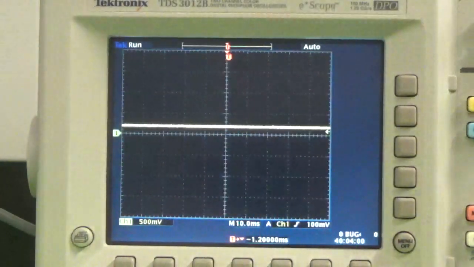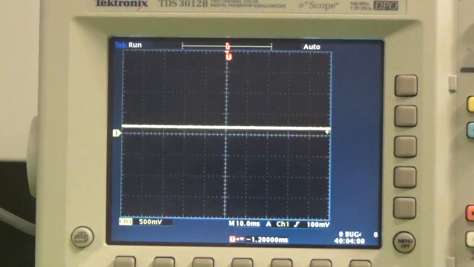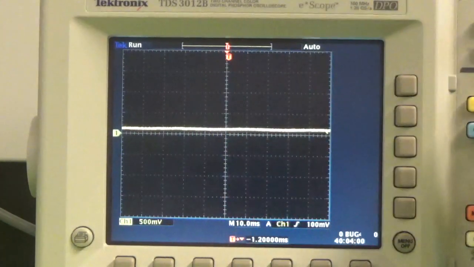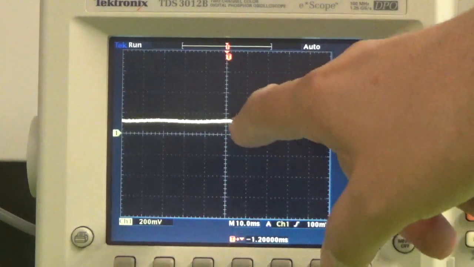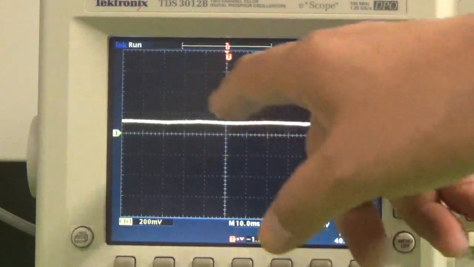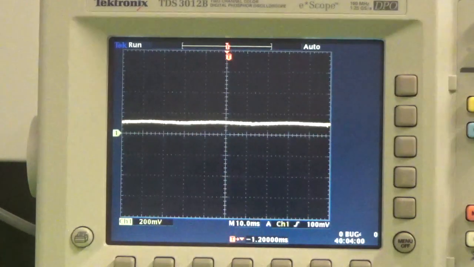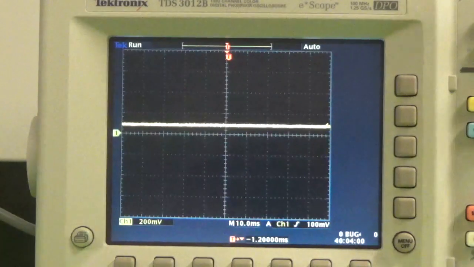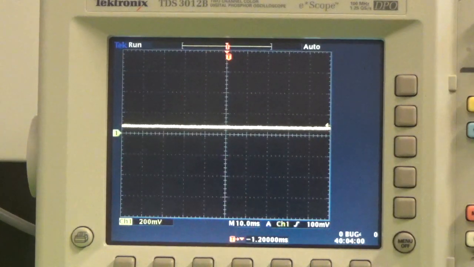Let's use 1 mega ohm and see what will happen. Yeah, so there is no signal at all, maybe a very, very small signal right here. So I would like you to write down what you can see when we added resistors with the higher values.